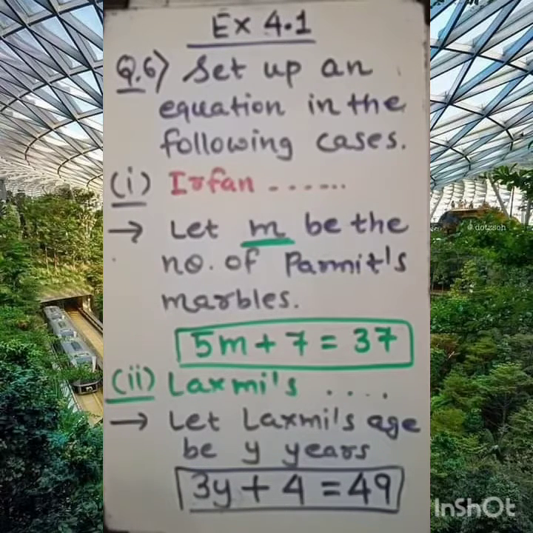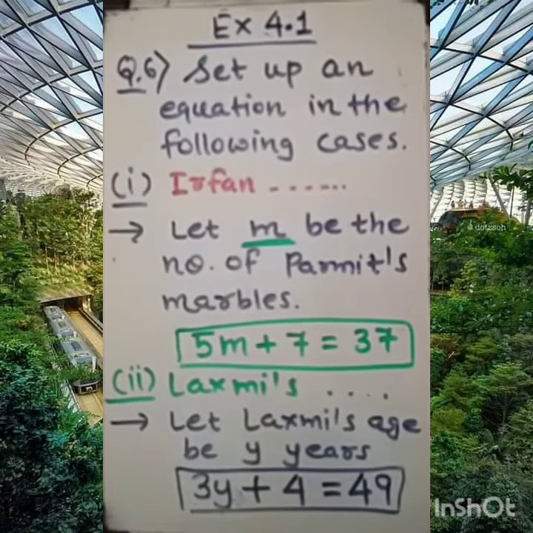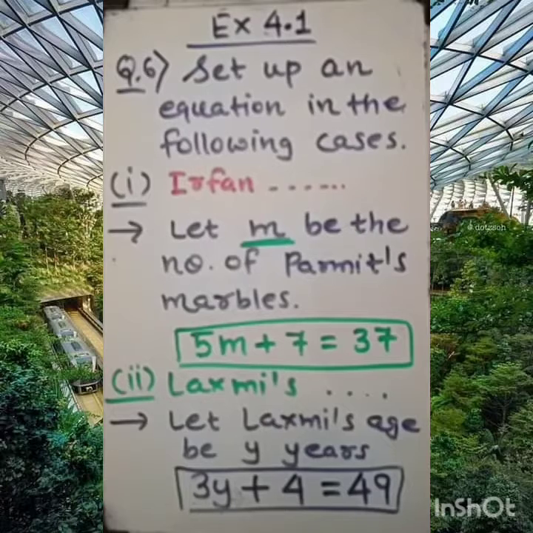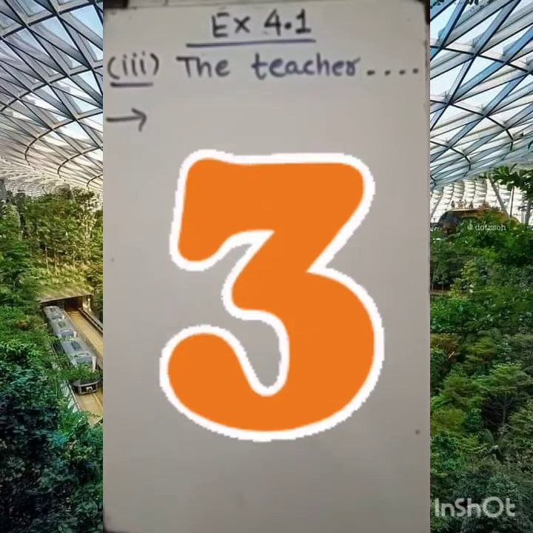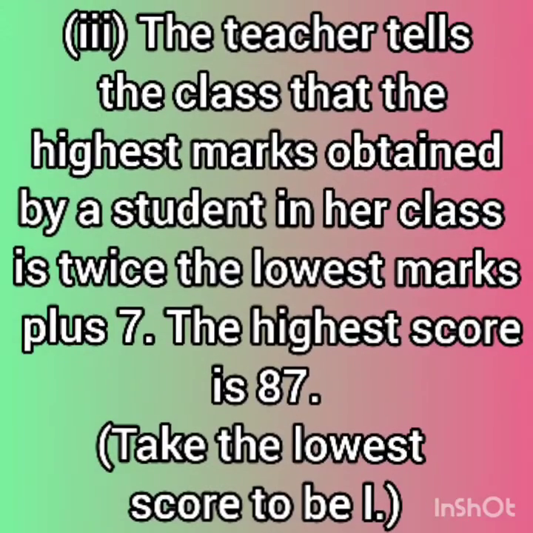Now let's try to understand the third. My dear student, the third one is on your screen. The teacher tells the class that the highest marks obtained by a student in her class is twice the lowest marks plus 7.